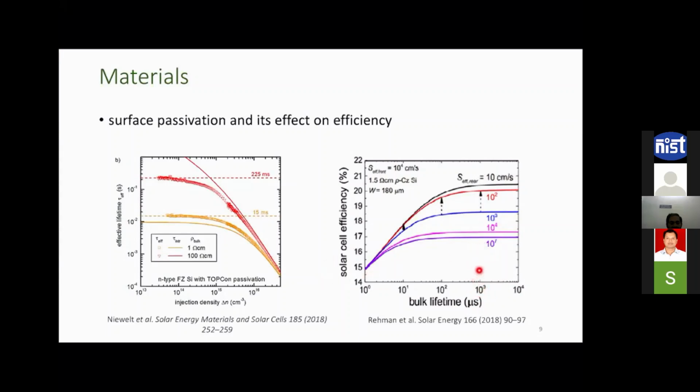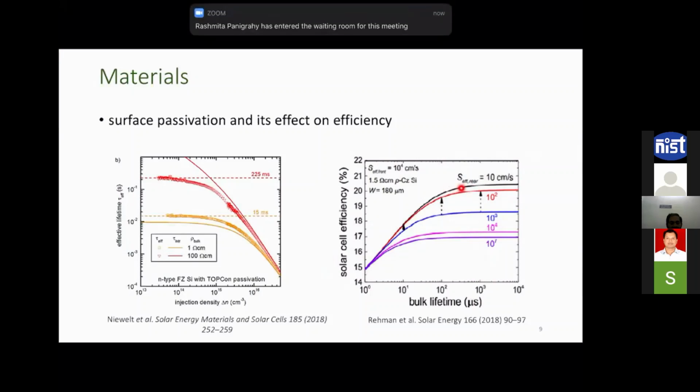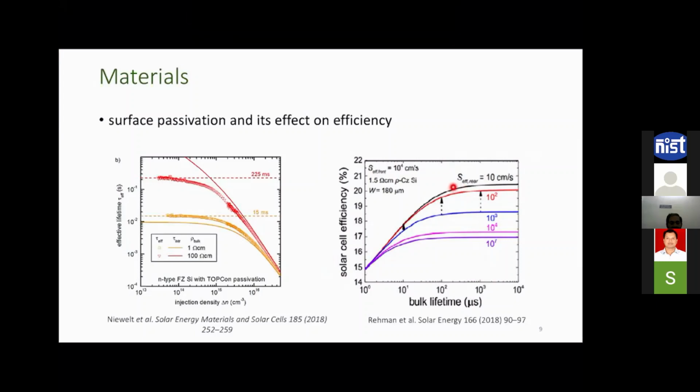So for this particular wafer, let me define this S. This S is called surface recombination velocity. It is actually a measure of the recombination rate at the surface. If the surface recombination velocity is high, that means your recombination rate is high.